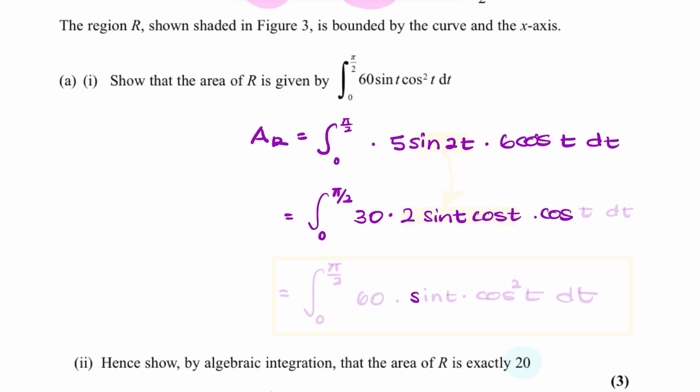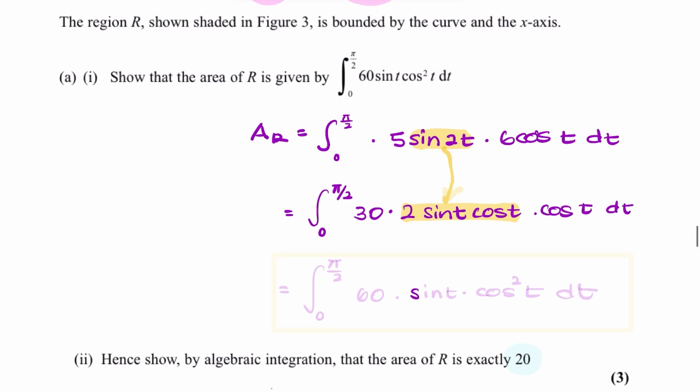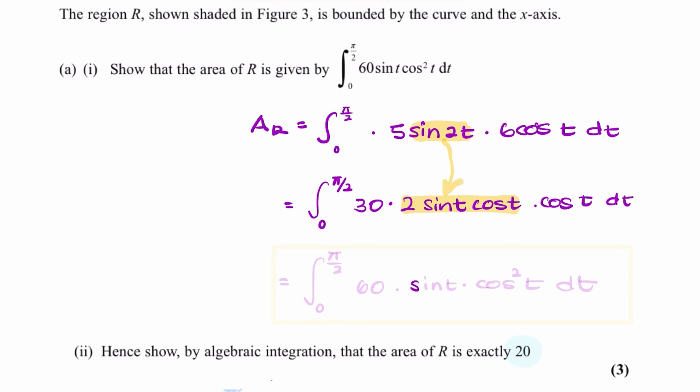And then you have the second sine t dt. So all I've done is I've replaced sine 2t with 2 sine t cosine t. So that's your double angle formula. And that simplifies nicely to the expression they've given us in the question.